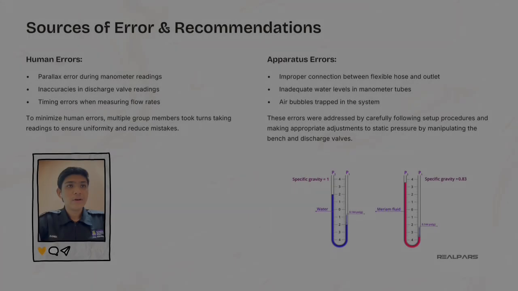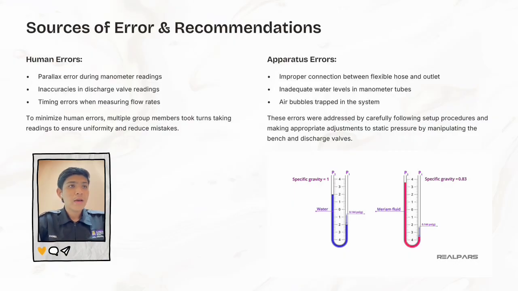Sources of error and recommendation. Human error: parallax error during manometer readings, inaccuracies in discharge valve readings, and timing error when measuring flow rates. To minimize human error, multiple group members took turns taking readings to ensure uniformity and reduce mistakes.